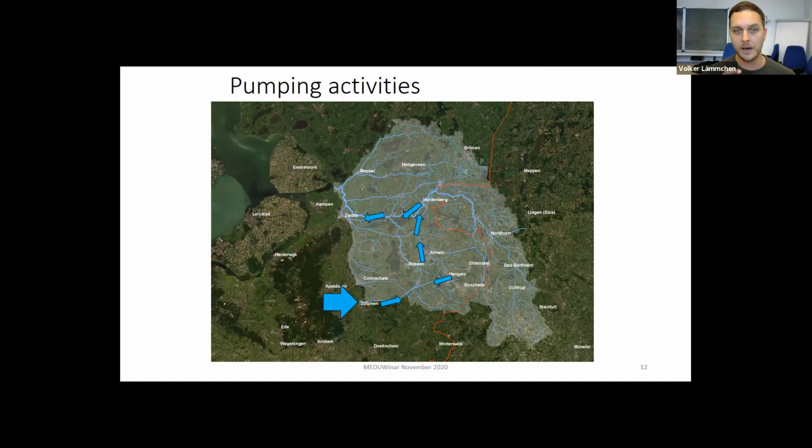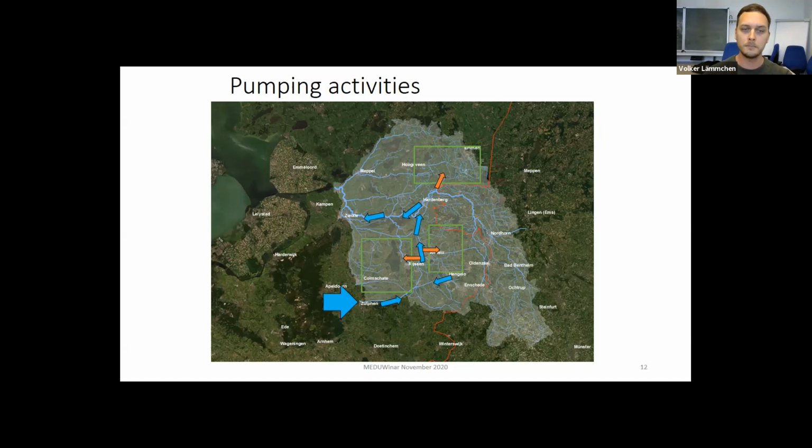And during this path, the flow directions of canals are changed because the Twente Canal, for example, would normally be an outlet of the catchment, but now it's an inlet. And during this flow path, we have areas in the catchment where irrigation took place. So we have outlet of the Vecht into these irrigation areas.